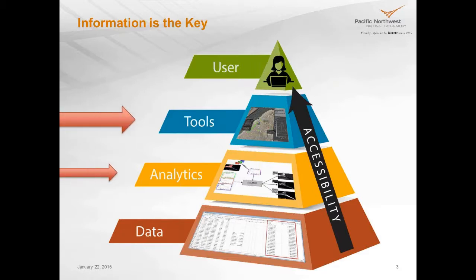So we've been concentrating on these two pieces of the pyramid, the analytics to help make sense of the data and the tools to deliver that information to the user that sits at top. The folks on the line, I think many of them are at the top of the pyramid here. They're the ones that may need to make a decision, and they need access to that synthesized information that's based on good data.